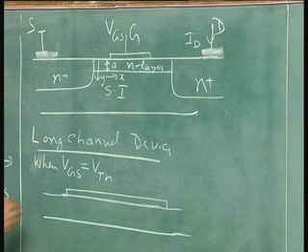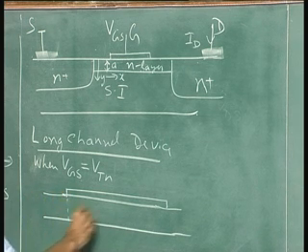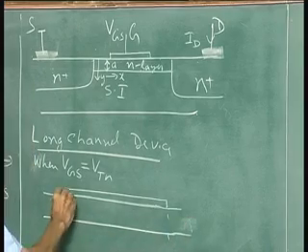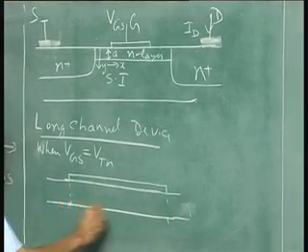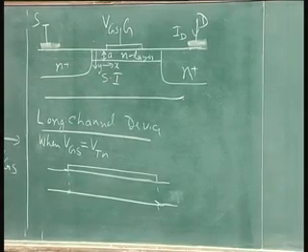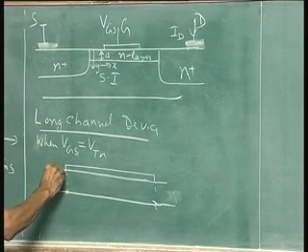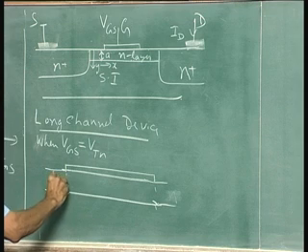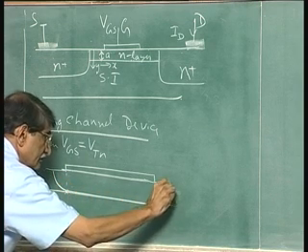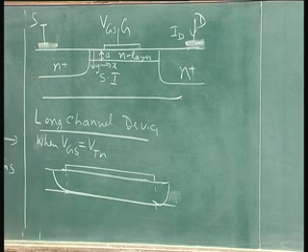So, depletion layer actually is like this. This is the N layer. Okay. Depletion layer actually has closed here, and if VDS equal to 0, it will be like that. So, depletion layer actually will be, if it moved like that, almost like that. That is the depletion layer edge.